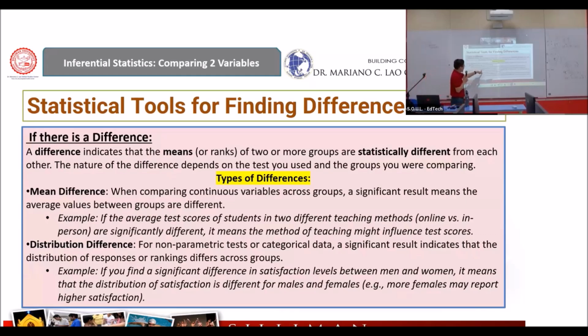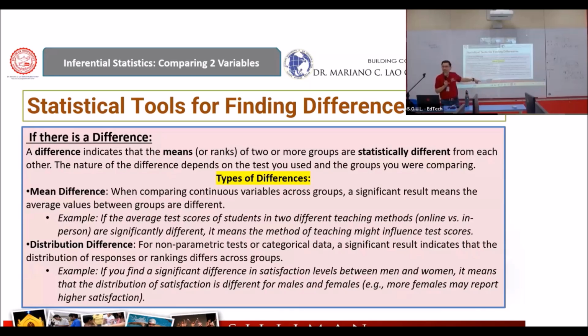For example, if the average test scores of students in two different teaching methods, online versus in person, are significantly different. The other one is, is there a significant difference between men and women? This one, you're referring to two sets of respondents, the male and the female.